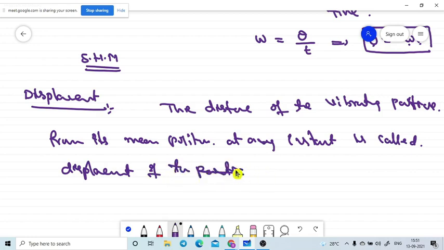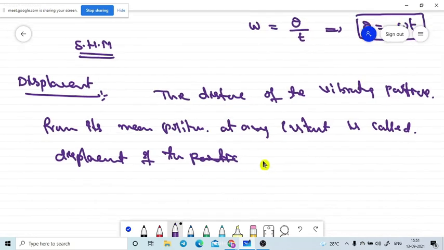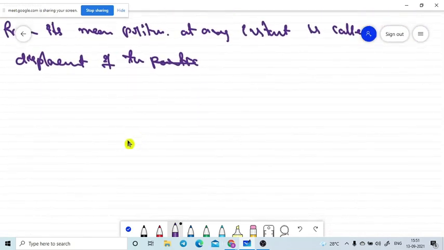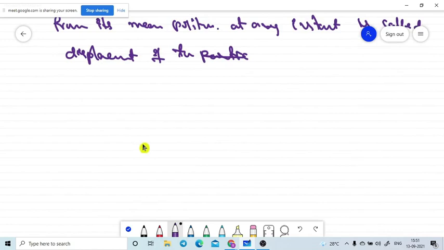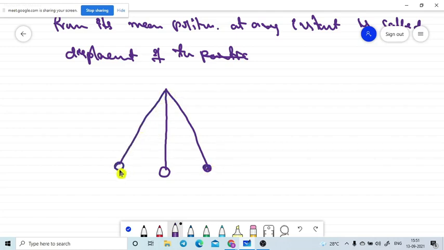For your easy understanding, let me take one more example. I already told you, if the angle of displacement is very small, the simple pendulum can execute SHM oscillations. Now I am taking a simple pendulum like this, with a very small angle. This bob is executing simple harmonic motion about its mean position.